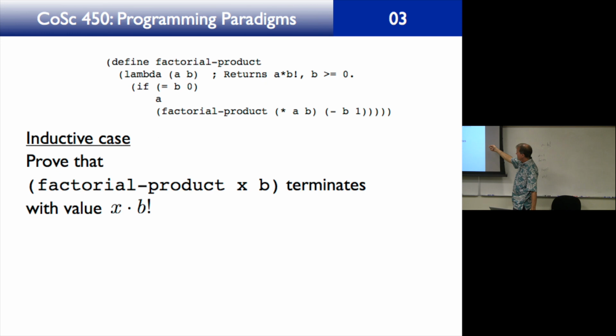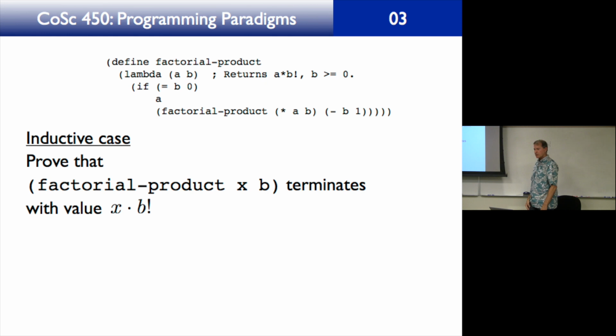The factorial product returns a times b factorial when b is greater than or equal to 0. Now, how do you assume it for n, assuming what? Factorial product x b minus 1. Yeah, assuming n minus 1.